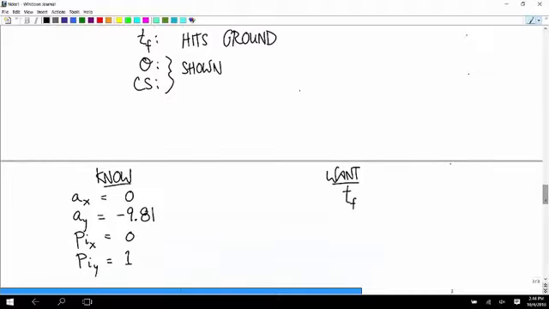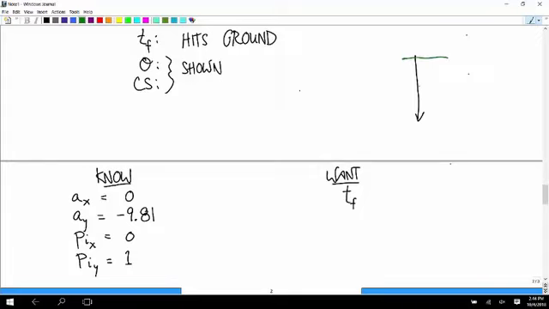The acceleration vector, if you draw it, is this, with a magnitude of 9.81. Our coordinate system is this. So now it's just a matter of figuring out what the components of this vector are. There are two ways to think about it.